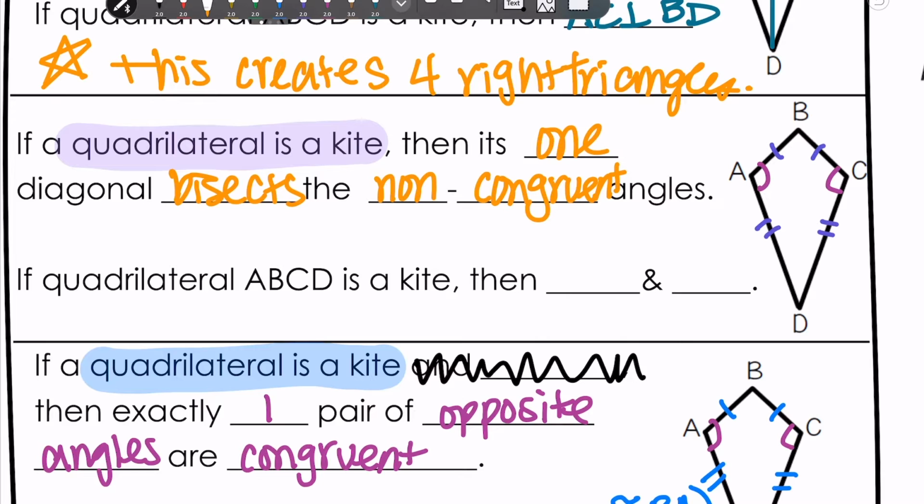So pretty much, if you've got angle B right here, and it's got, I don't know, we're going to put two lines on it right now, and you drop your diagonal from it, then what you get is that angle ABD is going to be congruent to angle CBD. And I'm sorry, I don't think you have enough room in those blanks right there. So if you want to write it here, you can. Angle ABD is going to be congruent to angle CBD.